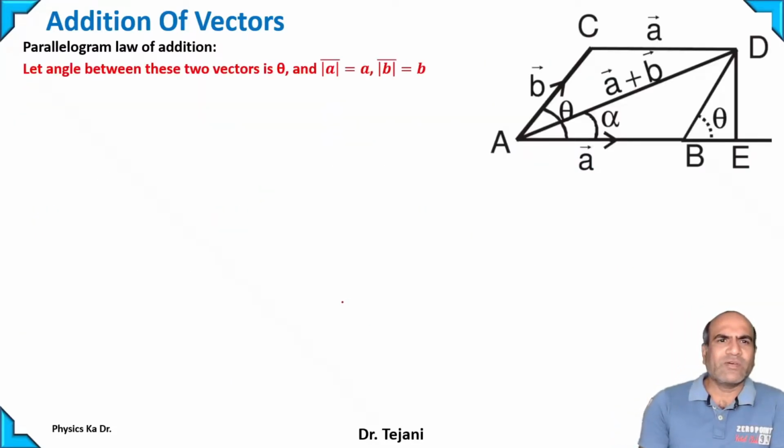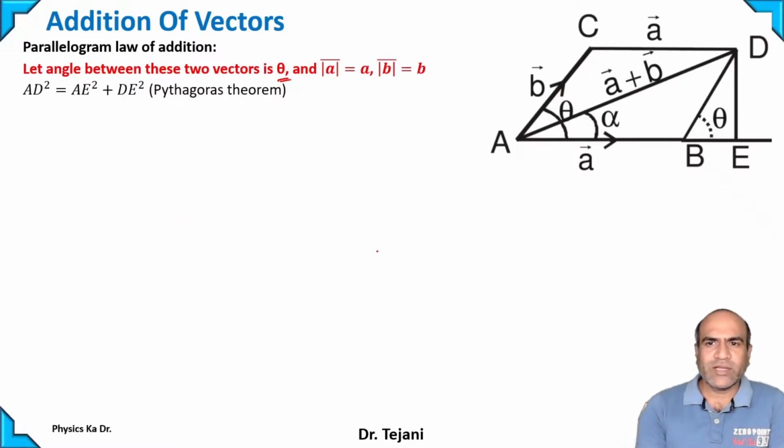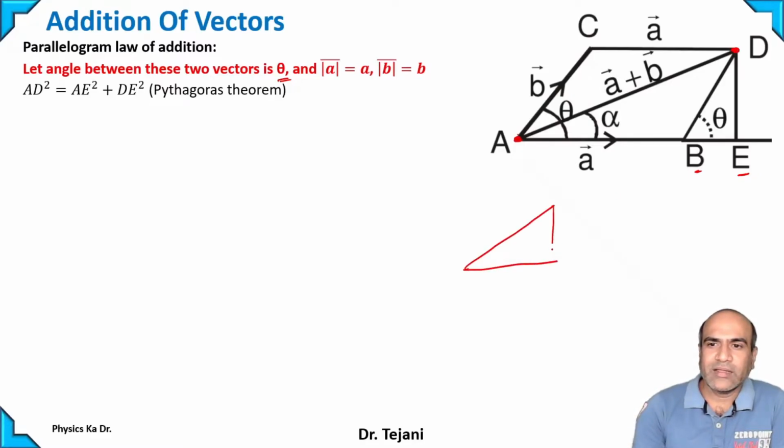Let us see the parallelogram law. Let us assume that theta is the angle between A and B, and A bar and B bar are vectors, right? So we know that simple. If we extend this line, draw a vertical line and give the name E. So that AD, that is our distance, it is a triangle, and here it is a 90-degree angle.